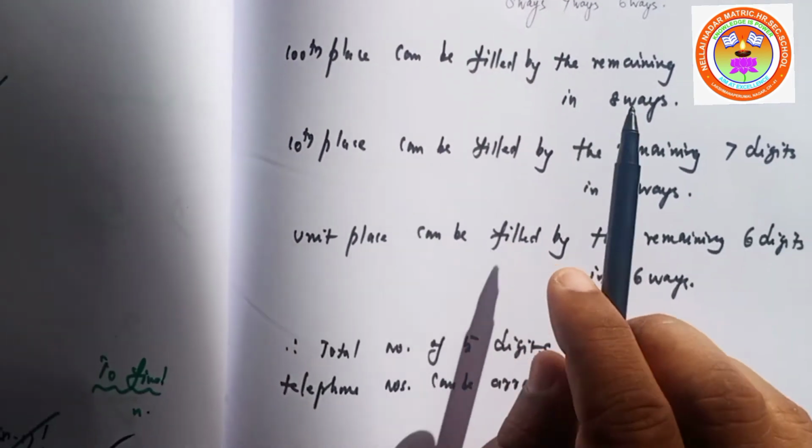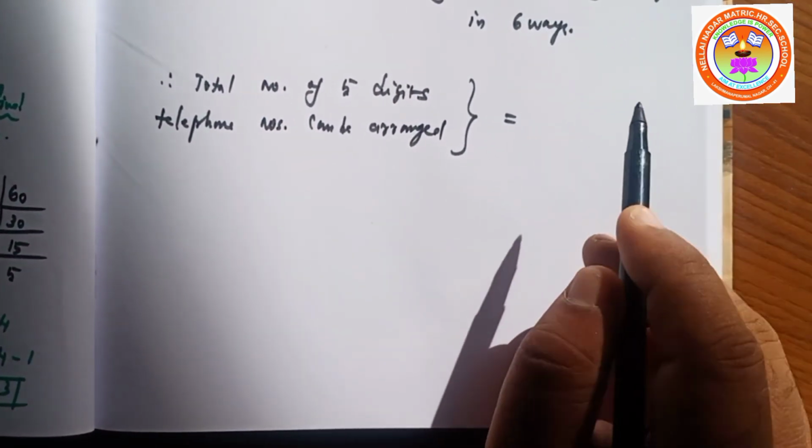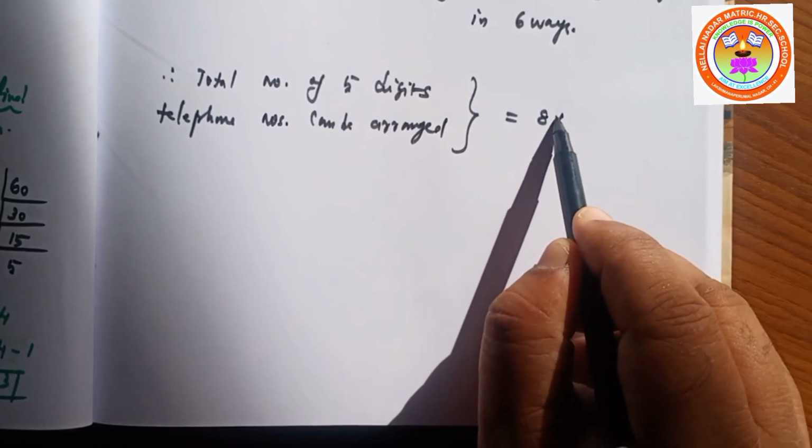So 8 ways, 7 ways and 6 ways, all the 3 numbers to be multiplied. 8 into 7 into 6.